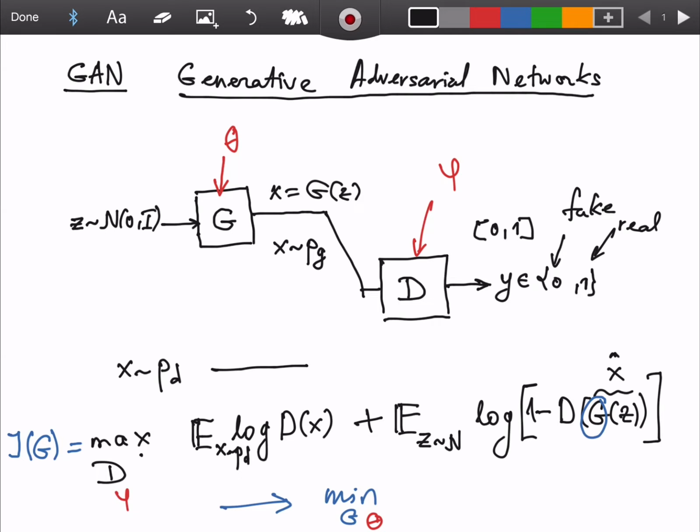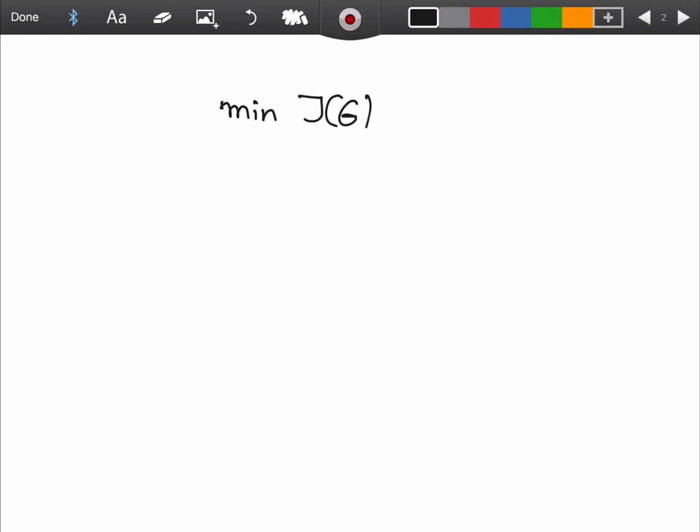And then given that this is how we are going to be judged, we are trying to find the best generator that can fool this discriminator in the best possible way. So this is called adversarial training, and networks constructed this way are called GANs. So far, so good.